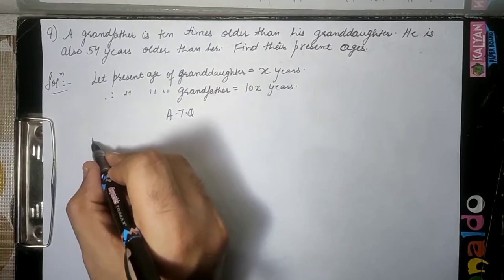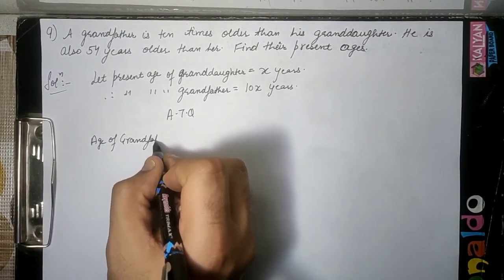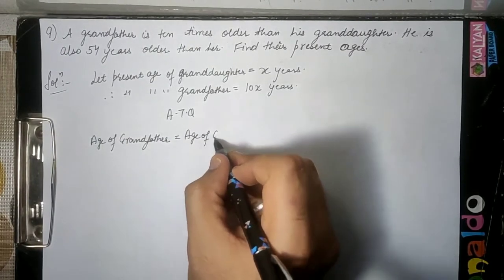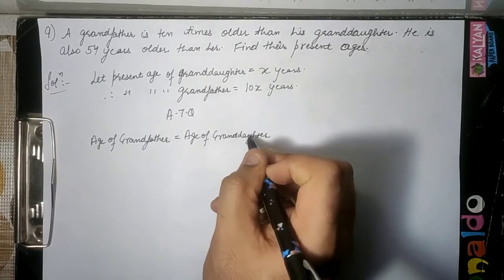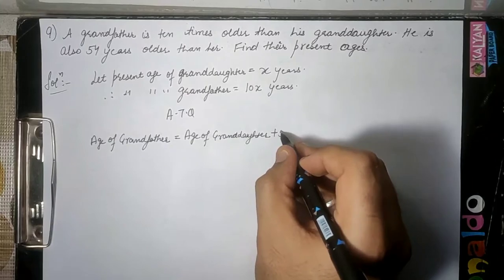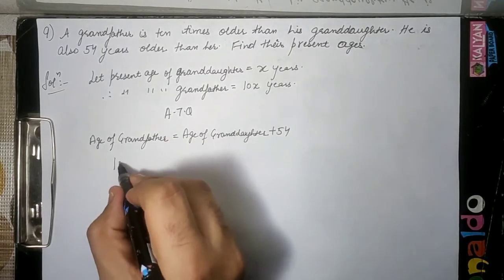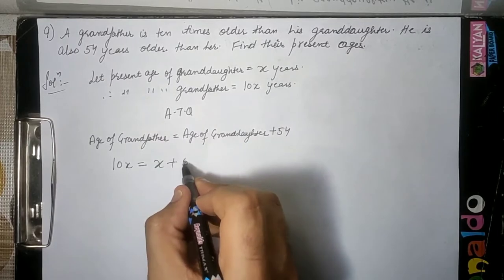So it can be written as age of grandfather is equal to age of granddaughter plus 54. So now we will put values here. The age of grandfather is 10x, the age of granddaughter is x, plus 54.